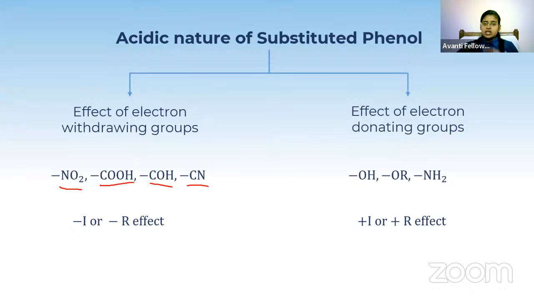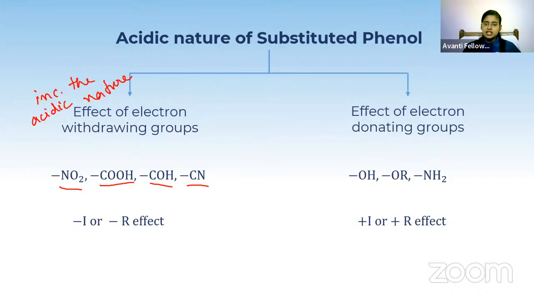Got it? So if an electron withdrawing group is present on the ring, then it will increase the acidic nature. Electron withdrawing groups will increase the acidic nature because they will withdraw electrons from the ring and make it more electron deficient.